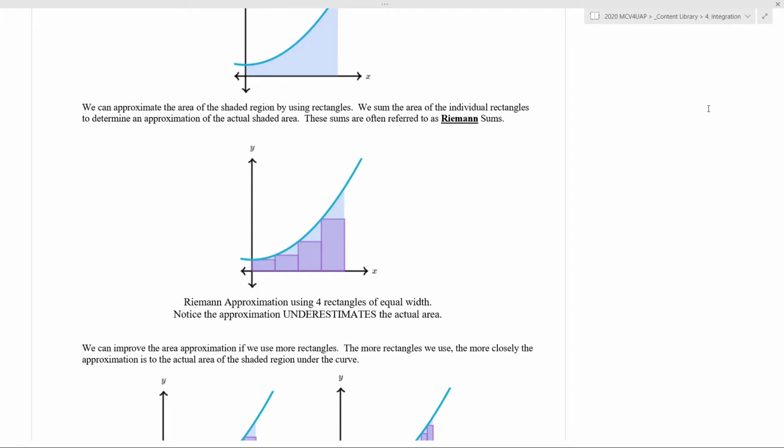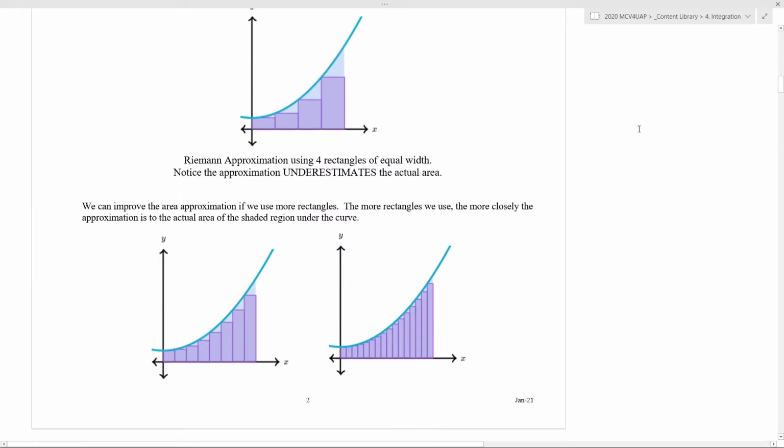So in that diagram there were 4 rectangles of equal width chosen, but that's a random number. I could have used 5 rectangles, I could use 10 rectangles, I could use 1,000,000 rectangles. So you can improve that approximation by using more rectangles. And you can see from the third diagram below, if we increase the number of rectangles, we increase the accuracy of the estimation.